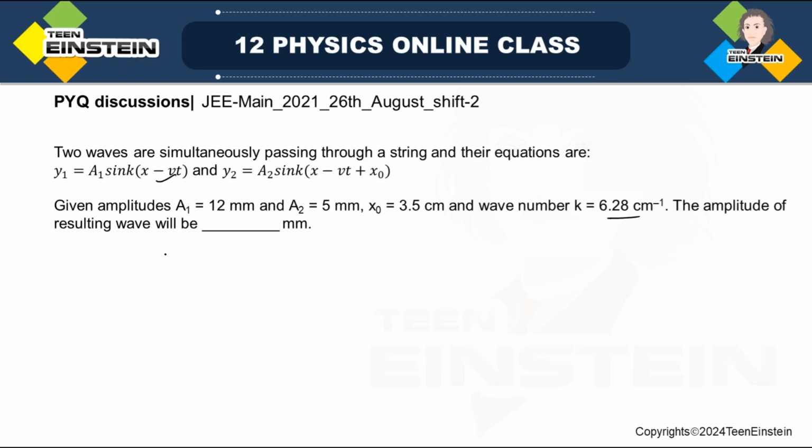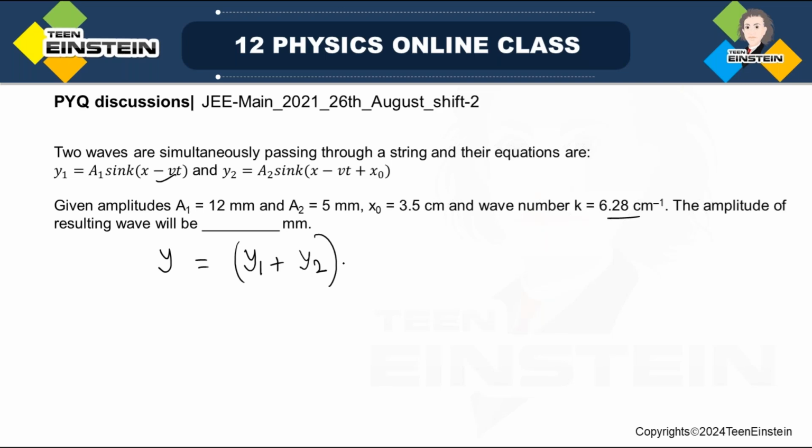So first of all, you have to use the superposition principle, as you know. So y is equal to the displacement produced by both the waves. Okay, so that will be additive.